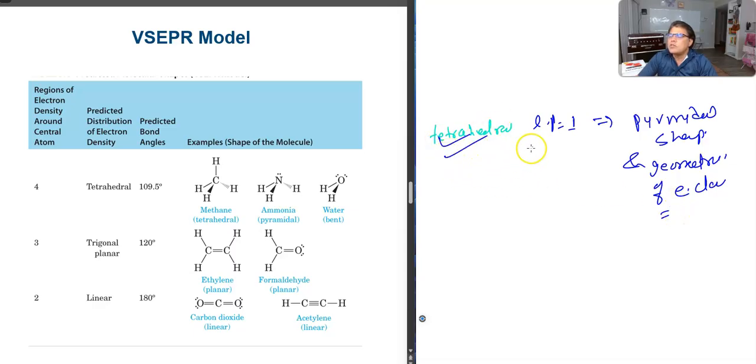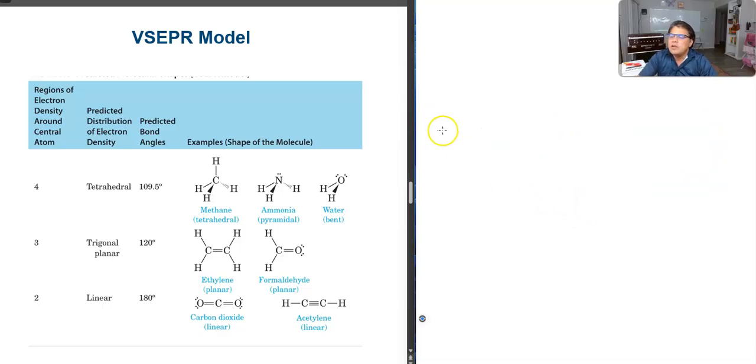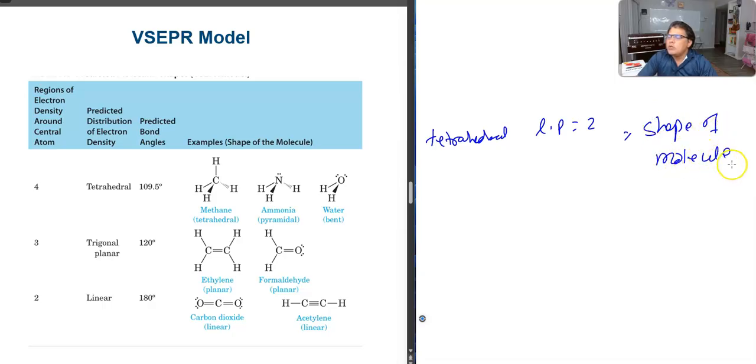If it has one lone pair, the molecule's shape is pyramidal. If the geometry is tetrahedral and the lone pair is equal to 2, then the shape of the molecule is bent, and the geometry of the electron cloud is tetrahedral.